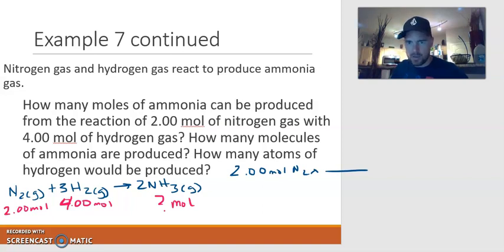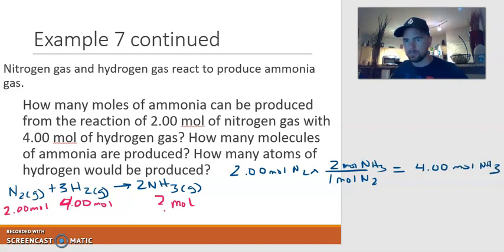I'm converting from nitrogen into ammonia. And once again, these numbers that I'm putting here come from the balanced chemical equation. So for every 1 mole of nitrogen, there's 2 moles of ammonia. If I use up all of the nitrogen, 2 times 2 is 4. 4 moles of ammonia is how much I can create if I were to use all the nitrogen.